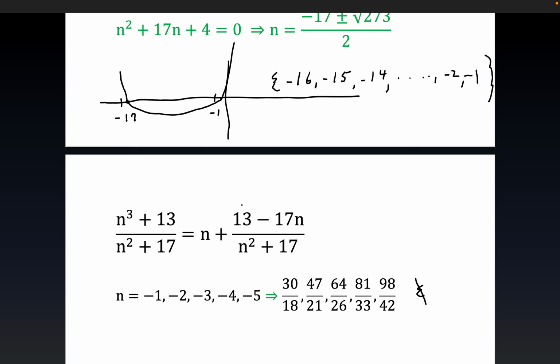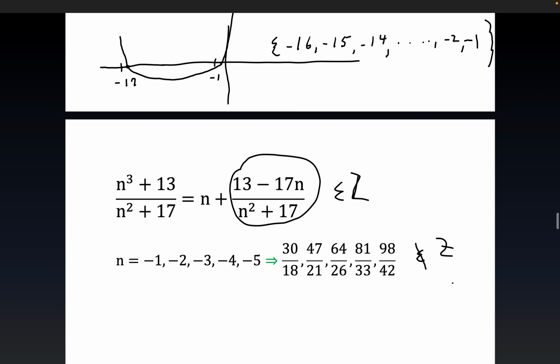We need this piece to be an integer. n is clearly an integer, but we need this piece to be an integer. Okay. Now, so none of these are. So let's check out n equals negative 6, okay?